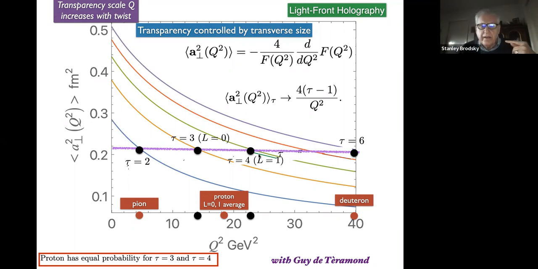The part of the proton which gives you the Dirac 1/Q to the 4th behavior starts color transparency here at about 14 GeV squared, and the part with L equals 1, which is essential for the Pauli form factor, is at much higher Q squared. So you have to go beyond 20 GeV squared to see the full color transparency of the proton.